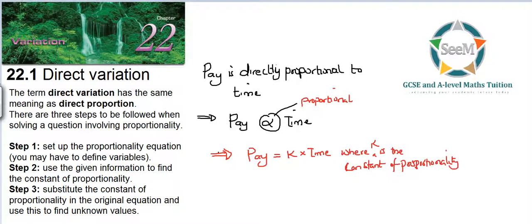So we can rewrite this as pay equals kt. So that would be our equation.